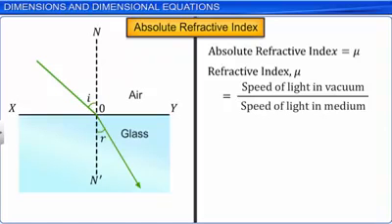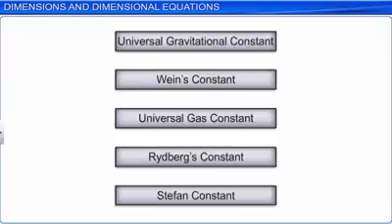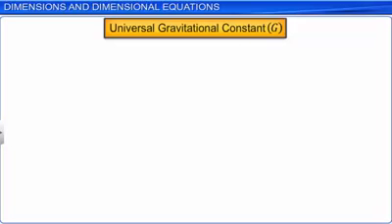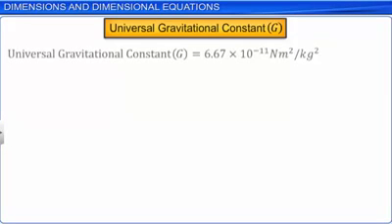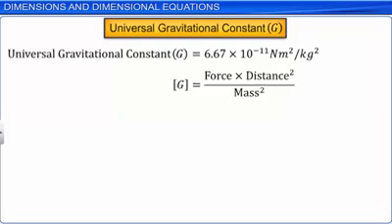We also have certain physical constants, each of which has a unit as well as a dimensional formula. For example, the universal gravitational constant G is a constant whose value is 6.67 × 10^-11 Newton meter squared per kg squared and is denoted by the expression G = F d^2 / m^2, where F is force, d is distance and m is mass.